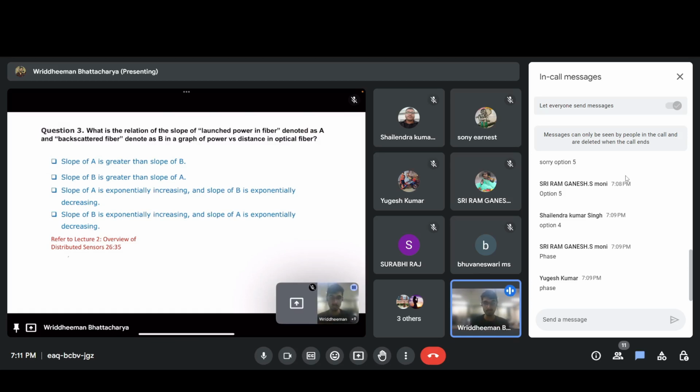Could anyone figure out the answer to this question? The relation of the slope of the launched power in the fiber, as it has been discussed, the launched power will be like this only.